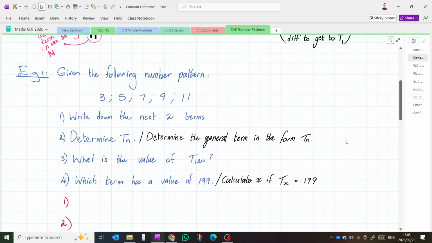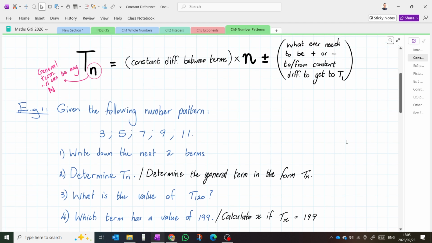So, given the following number pattern, 3, 5, 7, 9, 11. And then also while we are at it, these are the questions you can be expected to be asked. You can see there we've got write down the next 2 terms. They can ask you to write down the next 1 term, 2 terms, 3 terms.